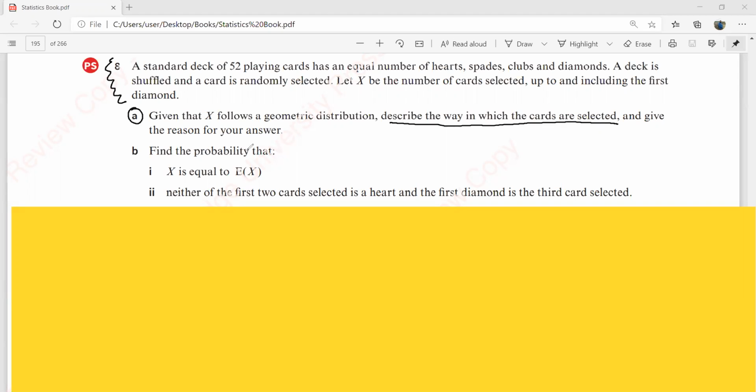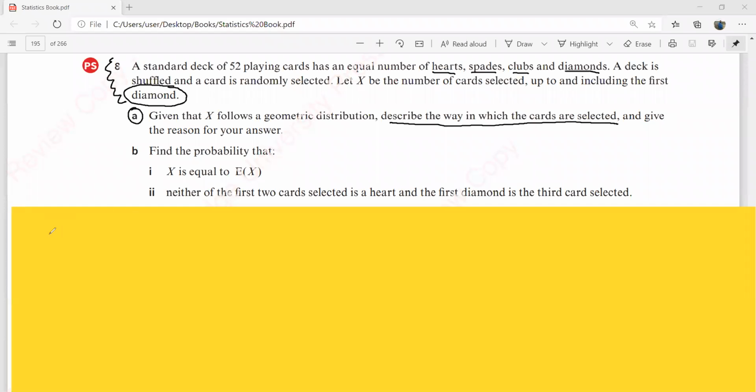Now we're going to pick the first diamond, okay? The ones who play these cards know that there are 13 hearts, 13 spades, 13 clubs, 13 diamonds. So a quarter of the cards are going to be diamonds.